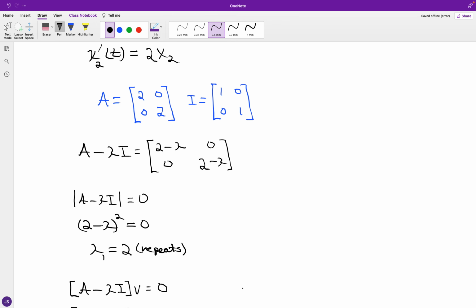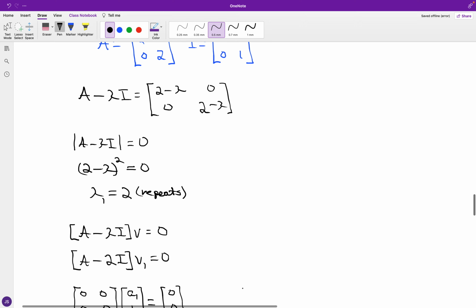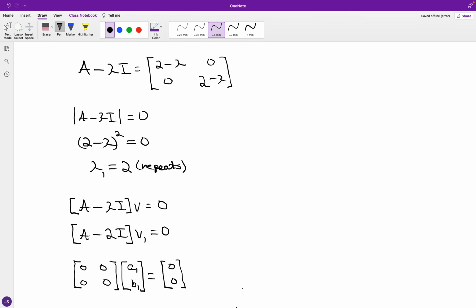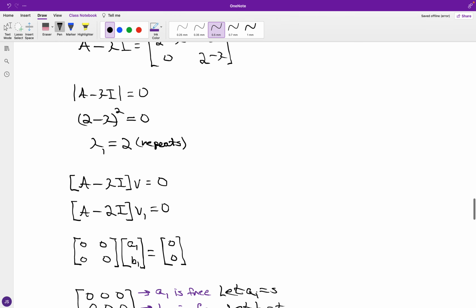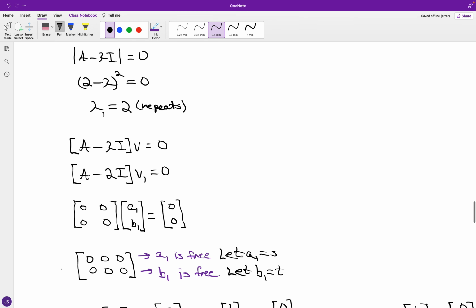Looking at the formation of the eigenvector v sub 1, notice that with the subtraction of the eigenvalue of 2, we end up with exclusively zeros. Putting it in terms of the augmented matrix, this is already laid out in reduced row echelon form. So both a sub 1 and b sub 1 are free variables.